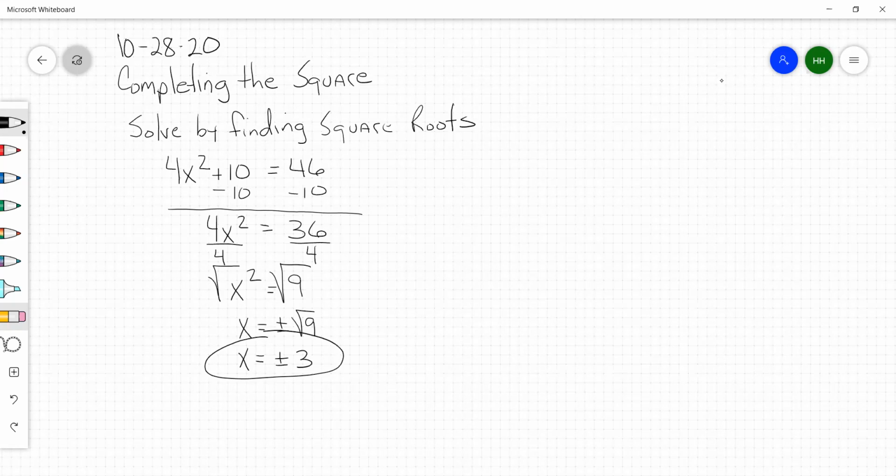And that is solving by finding square roots. All right, you simplified the equation. You got the x squared on one side by itself, and then you found the square root of 9. So let's say we get 3x squared minus 5 equals 25. All right, in this case, we're going to add 5 each side.